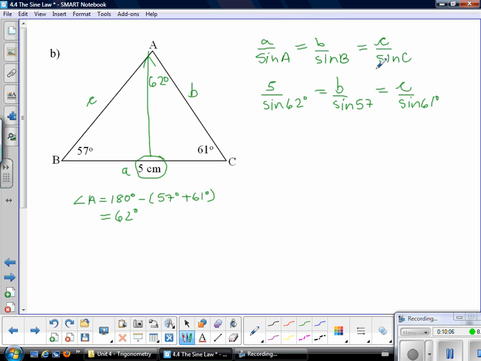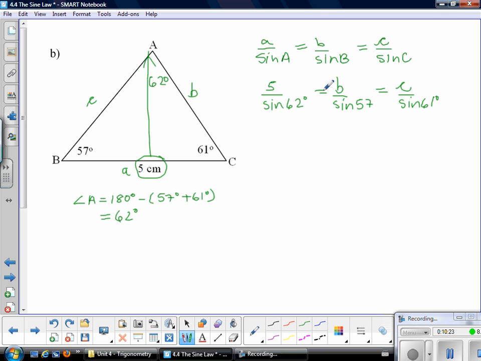Now it's totally up to you which one you want to find first. I could find side B or I could find side C. But in both cases, I'm going to use this here that I know both the top and the bottom. Okay, so let's try the first one here.